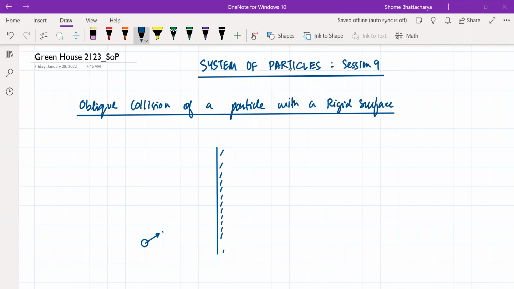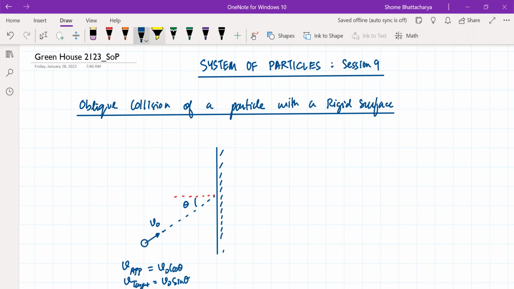So we saw if a particle impacts a surface with a velocity v naught, which is at some non-zero angle theta with respect to the normal. And we saw that the approach velocity becomes v naught cos theta, and the tangential component becomes v naught sin theta.